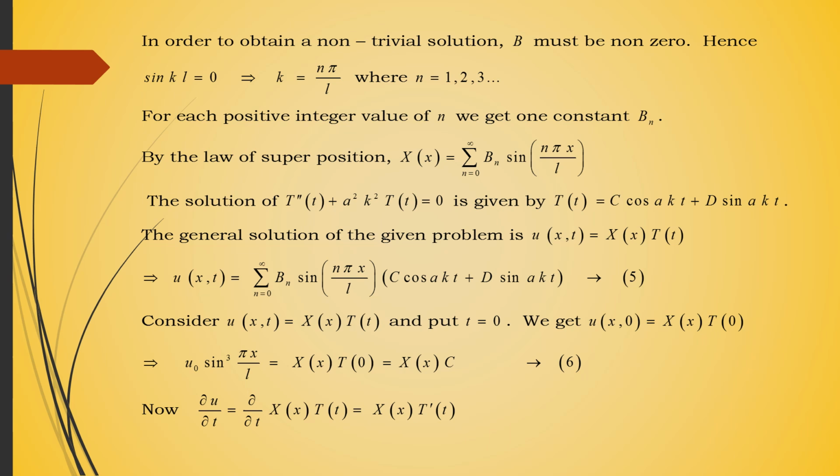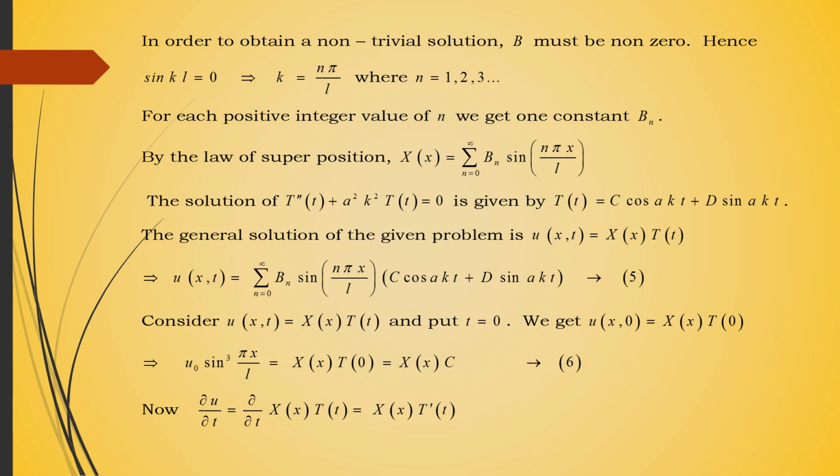u(x,t) = X(x) T(t). Let us take this again. Differentiate this equation with respect to t partially on both sides. Then ∂u/∂t = ∂/∂t of X(x) T(t).